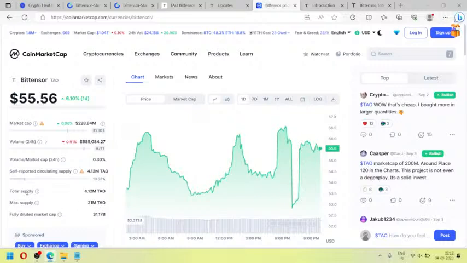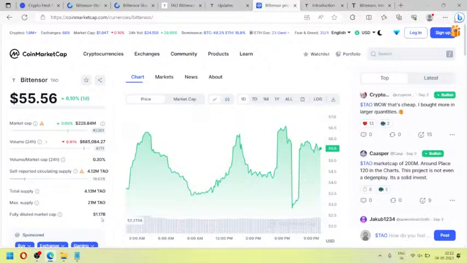the token supply. Total supply of the token is 4.12 million TAO tokens. Total supply 4.12 million, and maximum supply is 21 million, and fully diluted market cap.